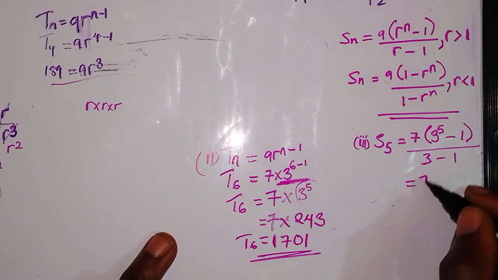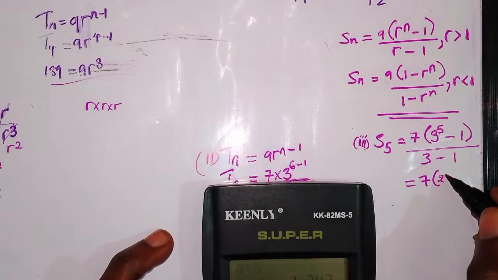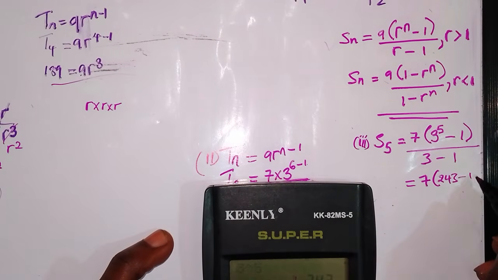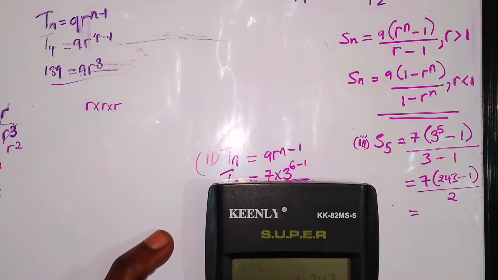Then on top we have 7, 3 to the power 5, we have 243 minus 1 divided by 2. So 243 minus 1 is 242. 7 times 242 divided by 2. Yeah.